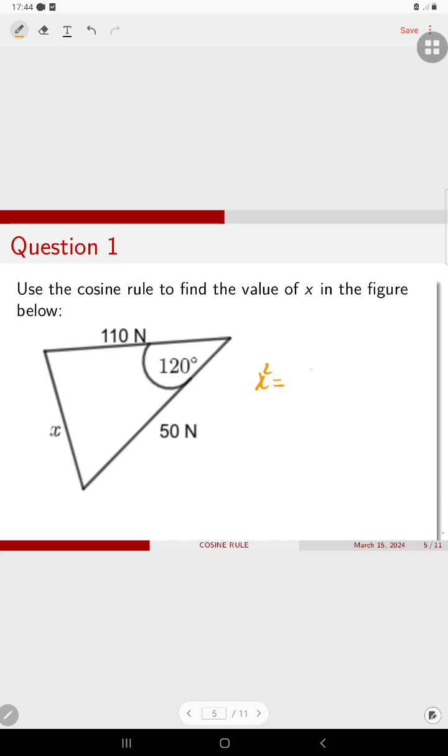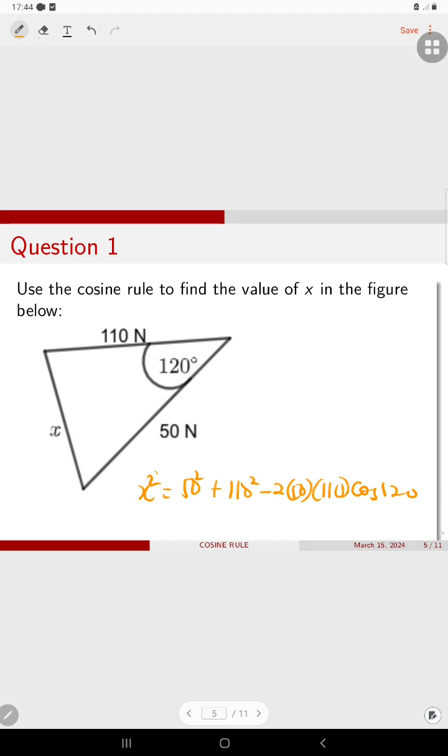X squared will be what? 50 squared plus 110 squared minus 2 times what? 50 times 110 cos the angle facing the x is what? 120. That is what we are saying.